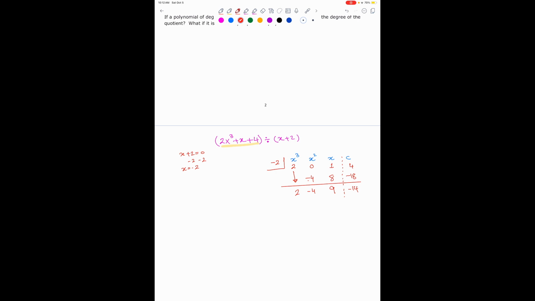And in this case, I will scratch the first one, and then I will connect it this way. So I have 2x squared minus 4x plus 9, and then times x plus 2, and there is a remainder of negative 14. So minus 14 is the remainder, and we can write it over the divisor.